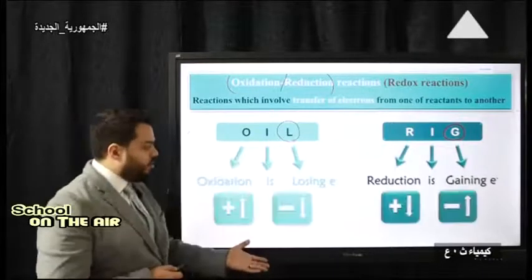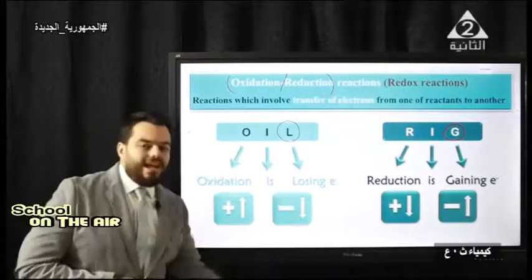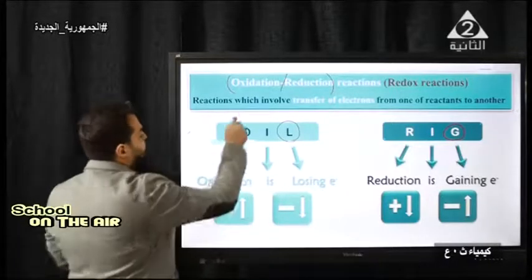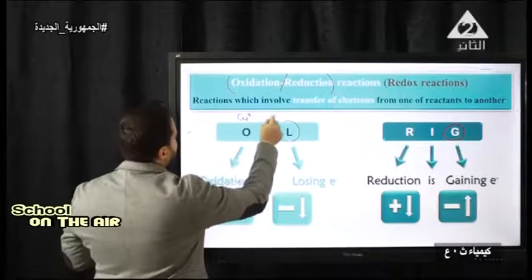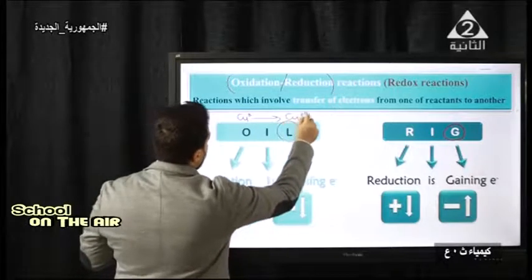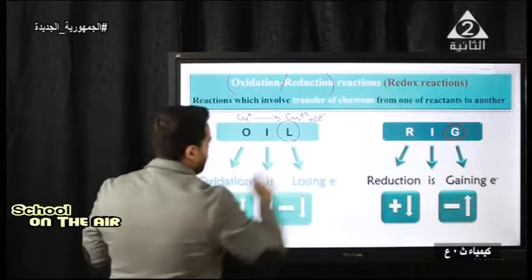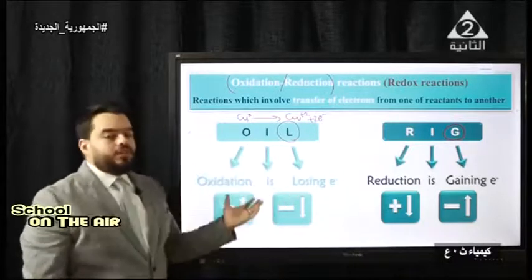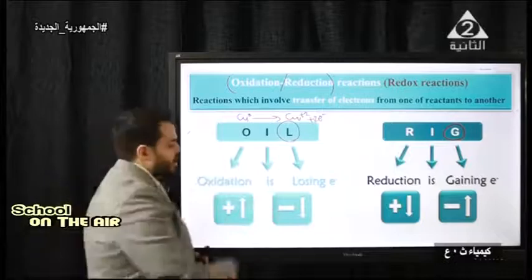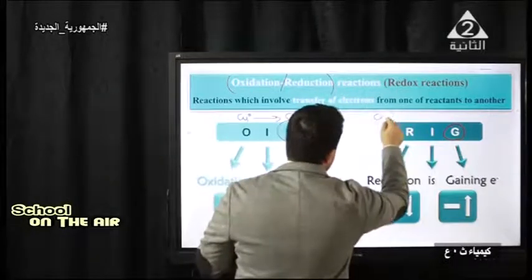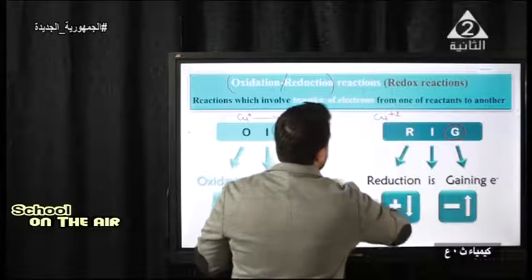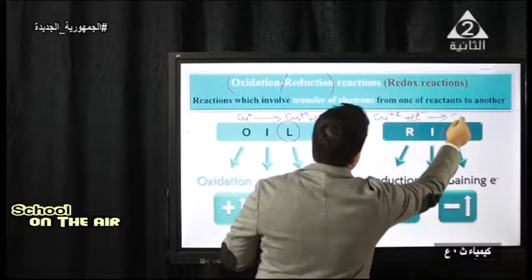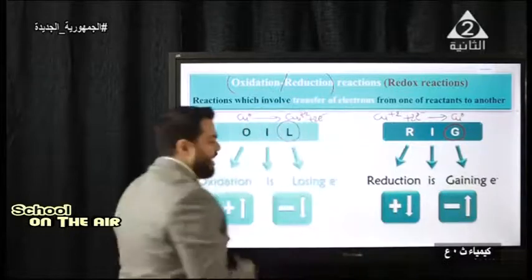If you lose electrons, the negative charge will go down and the positive charge will go up. So you can change from a neutral atom to a positive ion when it loses electrons. So when you lose electrons, you are making an oxidation reaction. And here, if you have copper 2+ and it gains 2 electrons, you will change into a copper neutral atom.